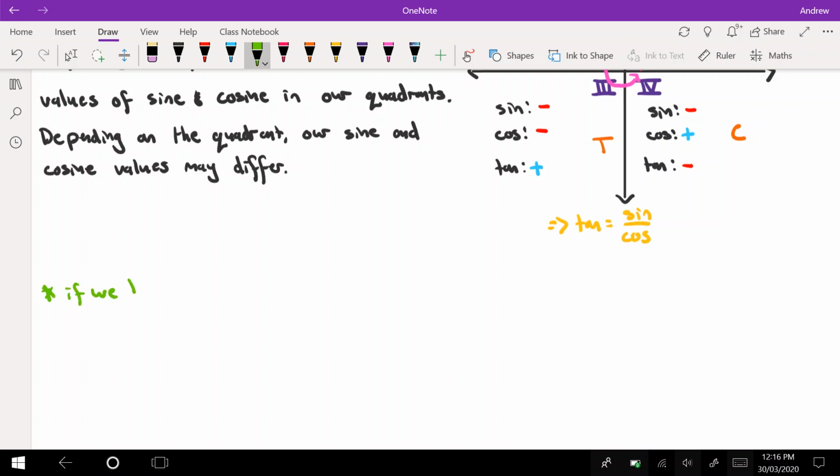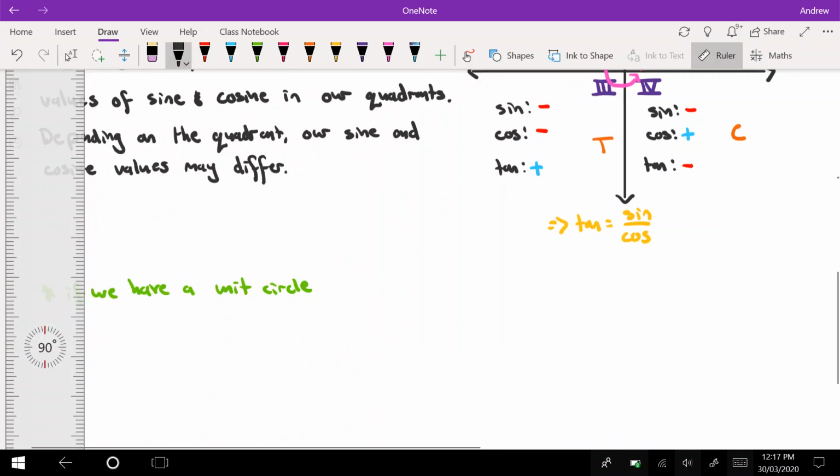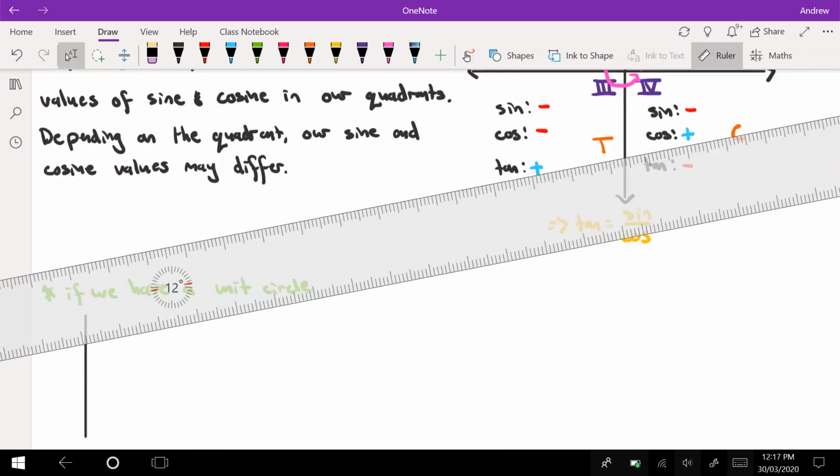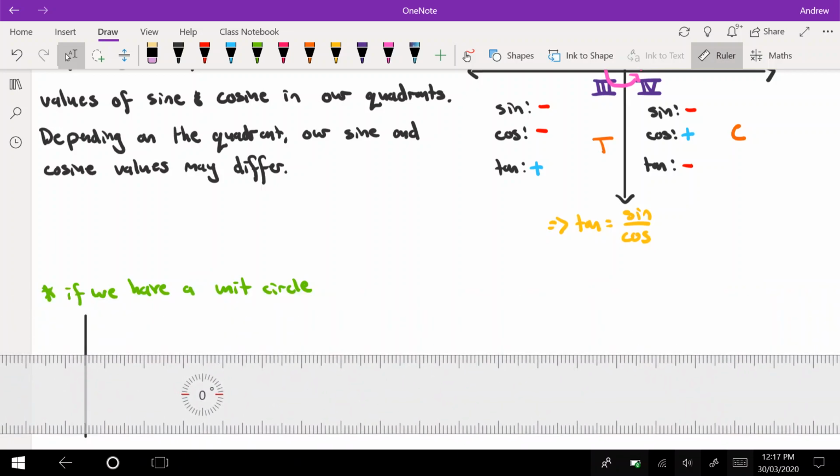If we have a unit circle, and let's just try and draw my best possible diagram here. And then go across that way.